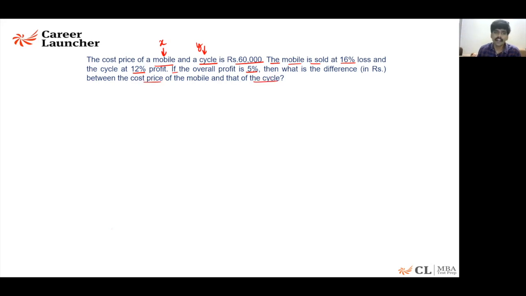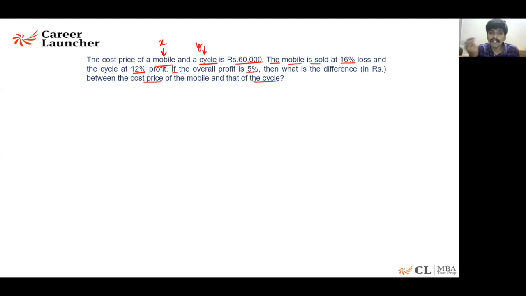Okay. So if the mobile is sold at 16% loss, the money made is going to be 84% of the mobile. And similarly, if the cycle is sold at a 12% profit, we can say that the selling price is going to be 112% of the price of the cycle, right?